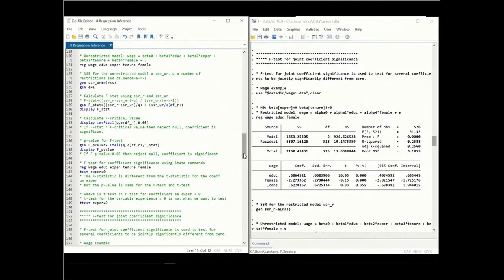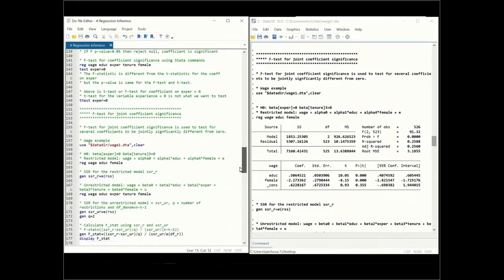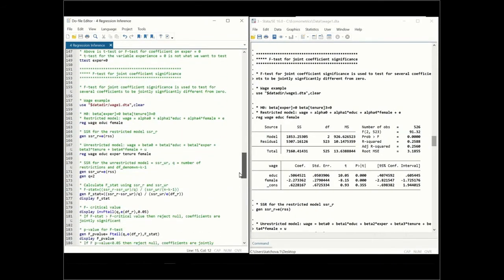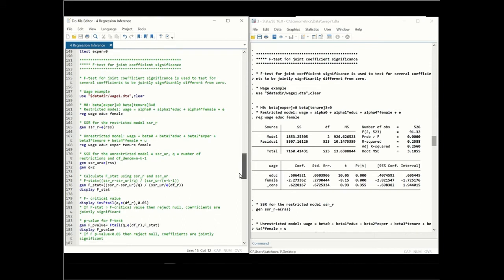Okay, so next we're moving on to the f-test for joint coefficient significance. This is actually what the f-test is really used for. We're testing for coefficient significance of several variables at the same time, whether they're jointly significantly different from 0.